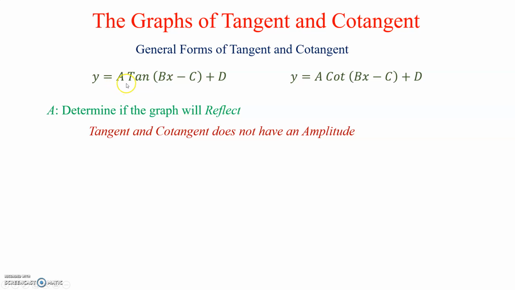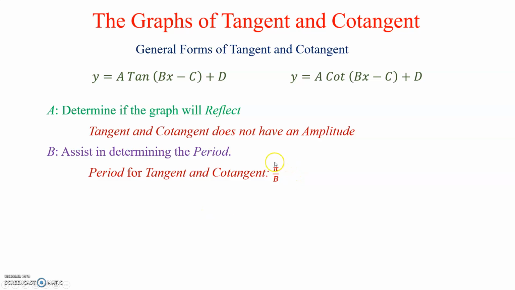It will be used shortly, you'll see, but specifically, if it's negative, it will reflect. Next thing is the b. Just like before, it does assist with the period. Sine and cosine, period was 2 pi divided by b. Here it's just going to be pi divided by b.